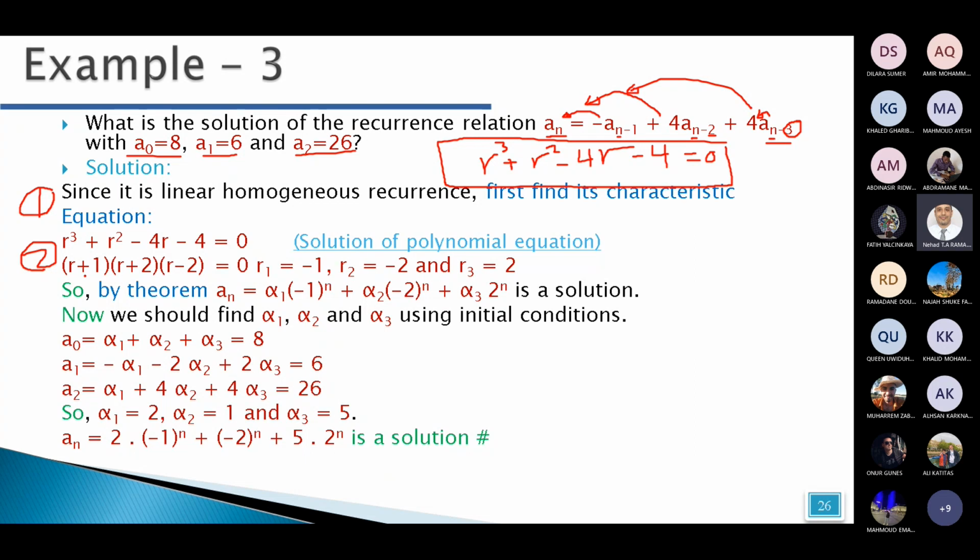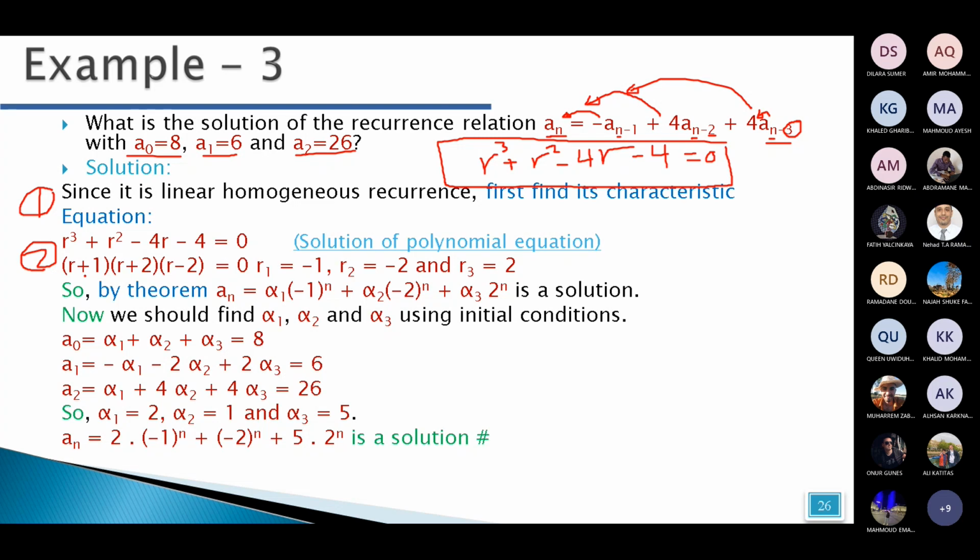Okay, second step, solve the characteristic equation. Here you need to focus. How to solve a polynomial characteristic equation? Actually, if it's power 4, you can divide it into 2 power 2 equations. Okay, it's easy, but if it's power 3, what to do? The idea is like this.